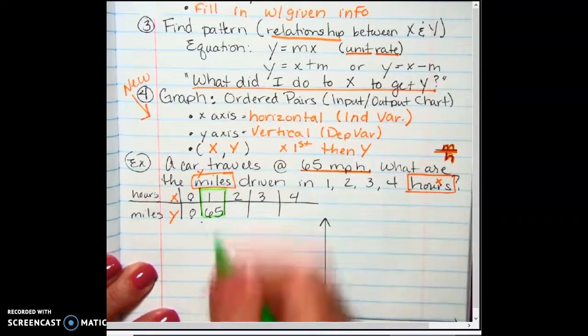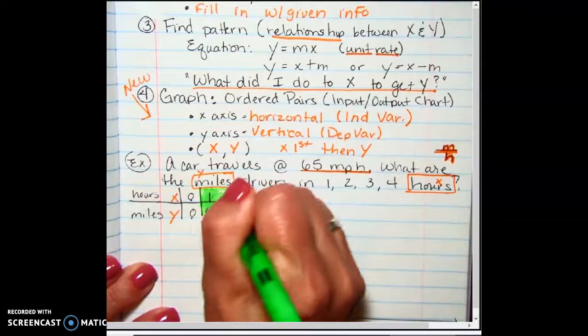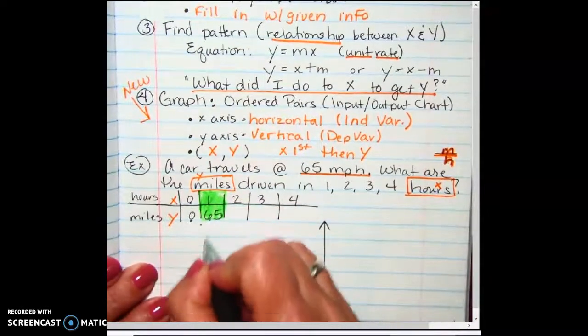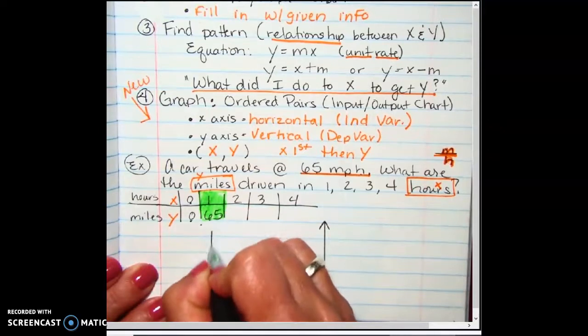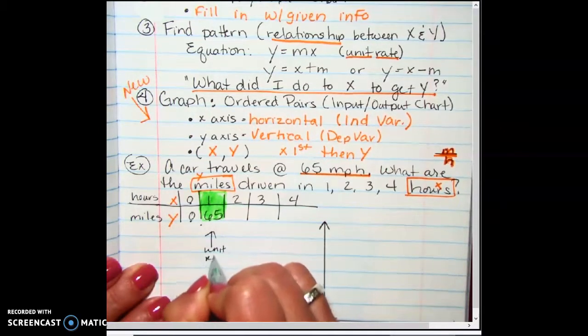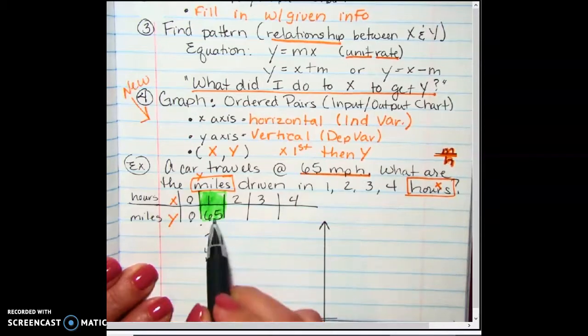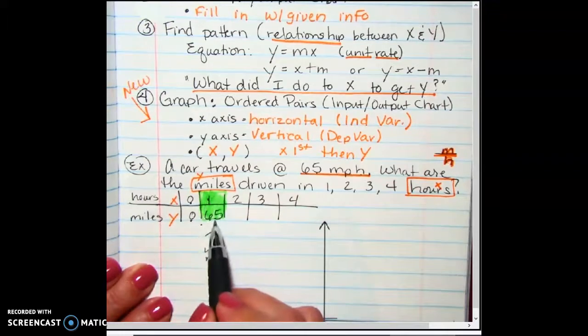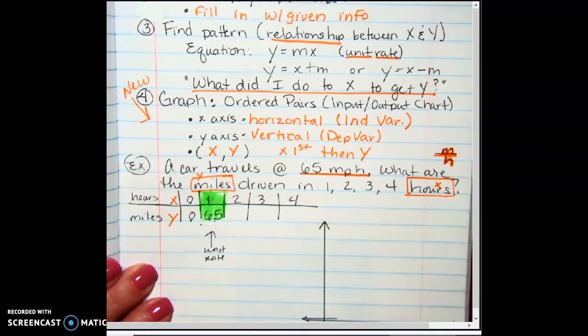Now the beauty of this is my unit rate. So I'm going to go ahead and write down under here, I'm going to say unit rate. So I go 65 miles in 1 hour, or in 1 hour, I go 65 miles. Now, here's where we want to make sure we're looking at a relationship.